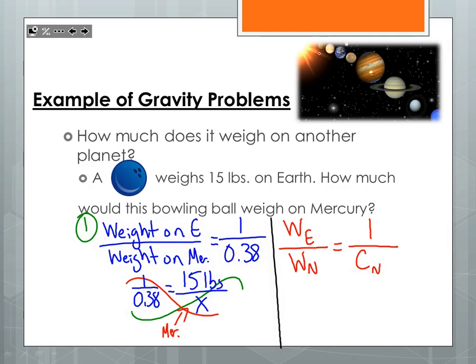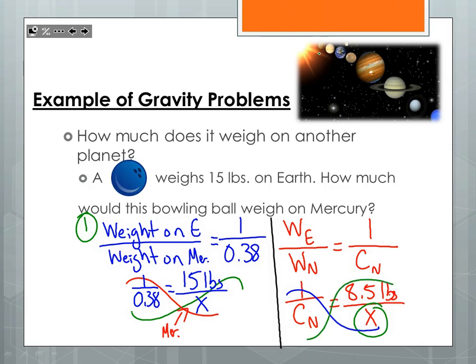So it's going to be 1 over whatever my compared ratio of Neptune was, which is going to equal the 8.5 pounds of the cat all over x, because x is what we're solving for. Then you're just going to cross multiply for number 1.